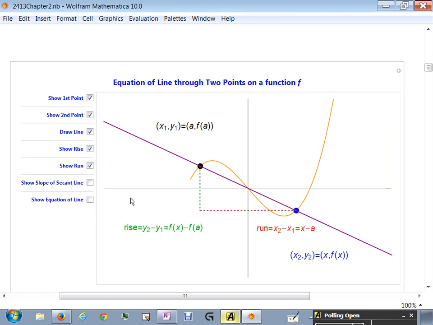So our run should be x minus a. What would the slope of this line be then? F of x minus f of a over x minus a. So notice the way I abbreviated this. The slope of that secant line, because it connects 2 points, is f of x minus f of a over x minus a.